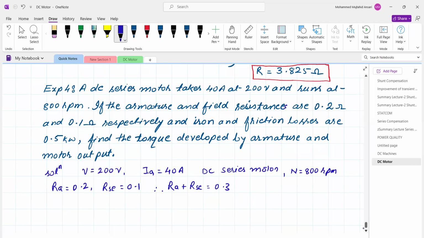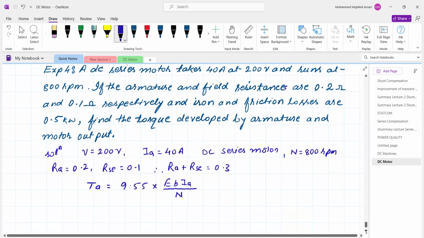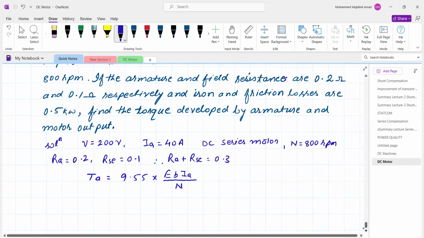So armature torque TA is equal to 9.55 into back EMF EB into IA, which is nothing but the gross mechanical power developed by the motor, divided by the speed in RPM. First we will calculate the back EMF. Armature current we already know.